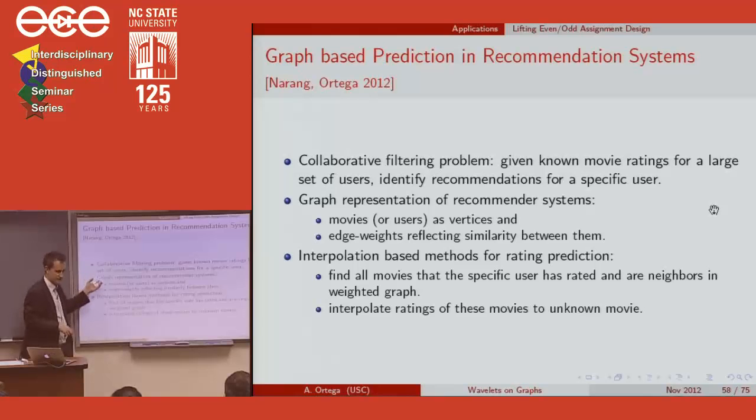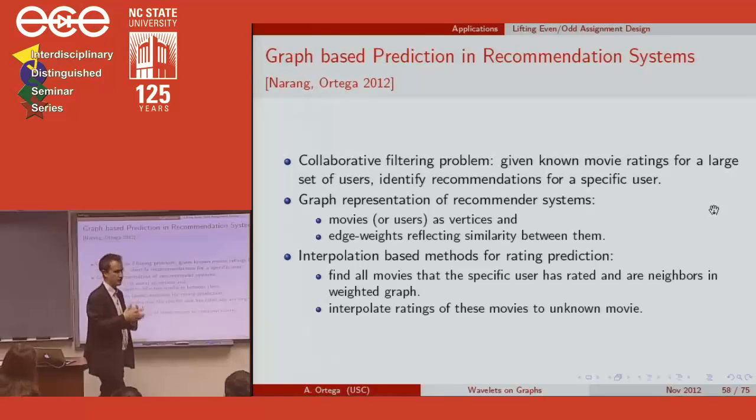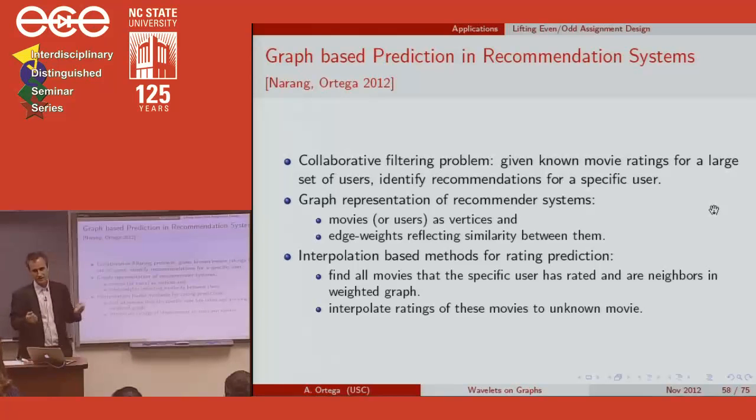So there's always going to be a graph. The graph in this case is, let's say, movies are the vertices, and the edge weights are the correlation between the evaluations of those movies. If you have a romantic comedy and an action movie, it's unlikely that they will get the same ratings from the same person.